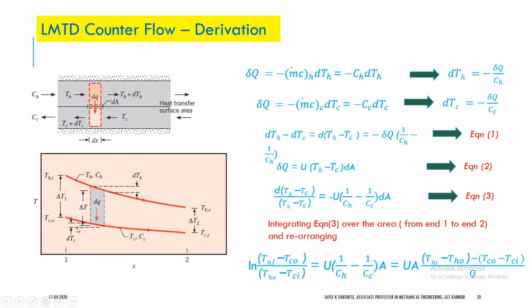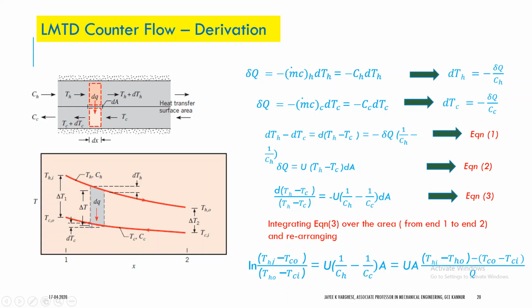Whereas in the case of the cold fluid in counterflow heat exchanger, cold fluid enters at the second end. So when you see from the first end to the second end, our positive direction, the cold fluid temperature also decreases from the first end to the second end.